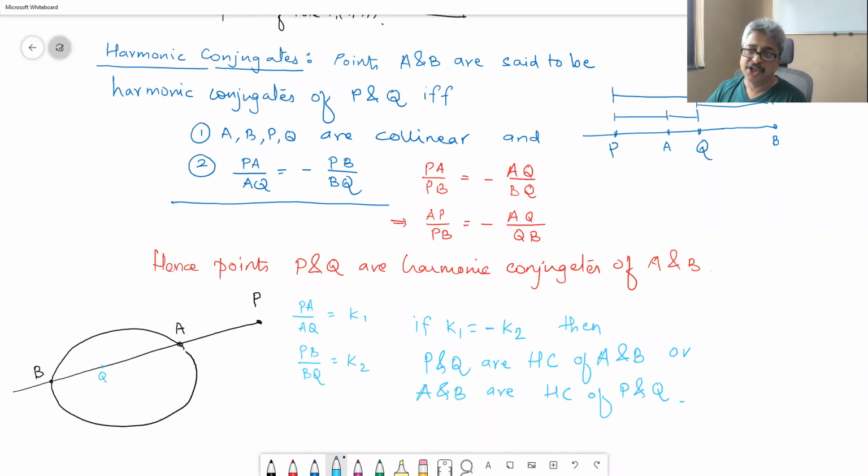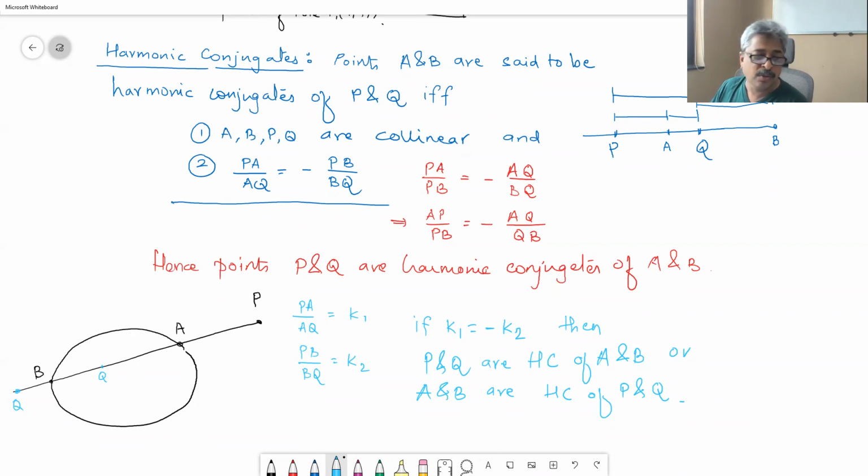But otherwise, this Q can be anywhere. If K1 is not equal to K2, Q can be anywhere on that line, and you will end up getting one ratio equal to PA upon AQ and another ratio as PB upon BQ. Now if Q is over here, then both of them will be positive, PA upon AQ and PB upon BQ.